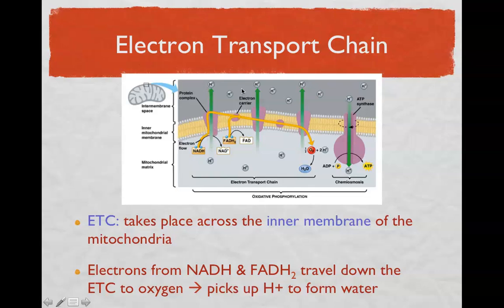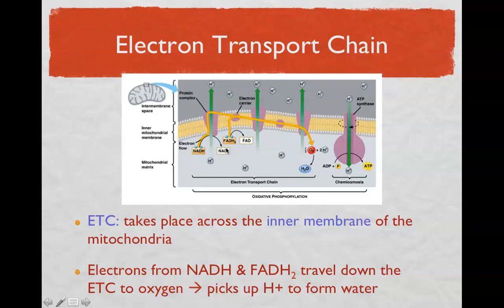Now I'm going to pump hydrogens to this inner membrane space, so this space in between the outer membrane and the inner membrane of your mitochondria. And what that's going to do is create a concentration gradient. We've got low concentration of H plus ions here and a high concentration of H plus ions here. Now it's going to take energy to do this because I'm constantly trying to keep a concentration of H plus high in here.